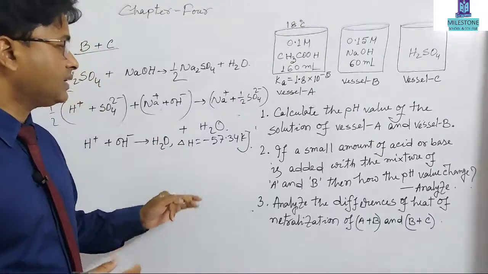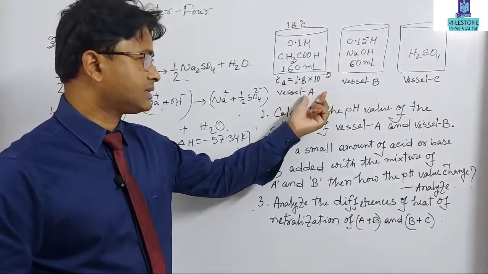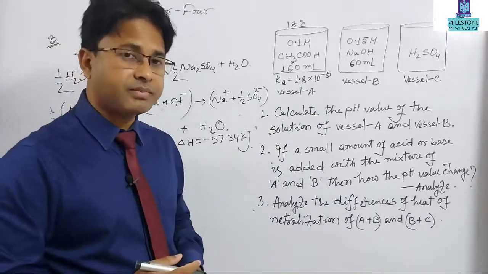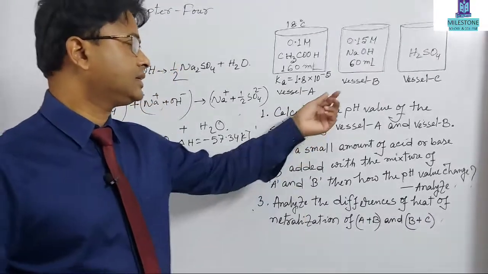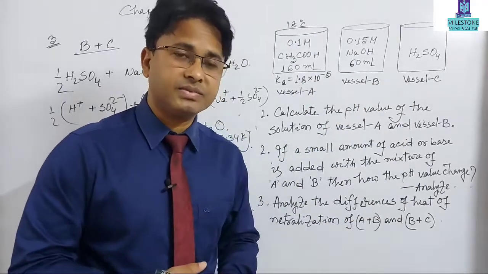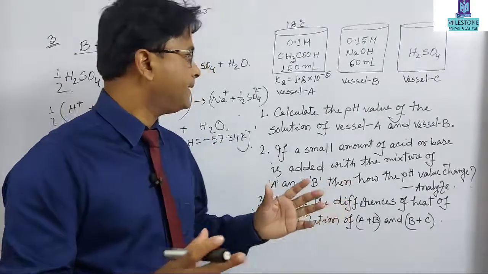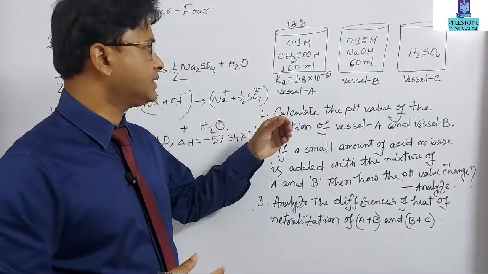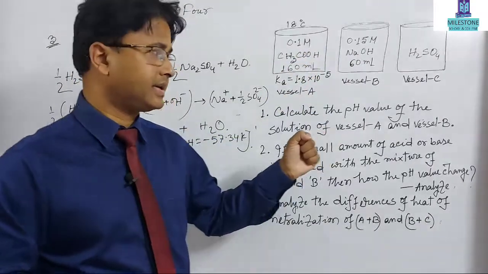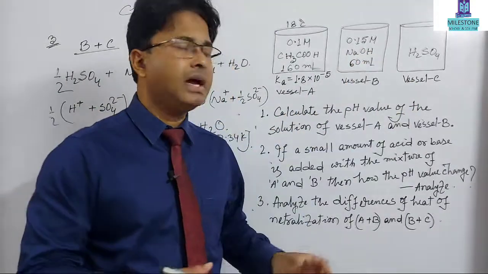That's why the heat of neutralization of the reaction of A plus B is minus 55.14 and the reaction between B plus C is minus 57.34 kilojoule. This is only due to the strength of acid or base. Here the acid is a weak acid and the base is a strong base, but in case of BC both the acid and base are strong.